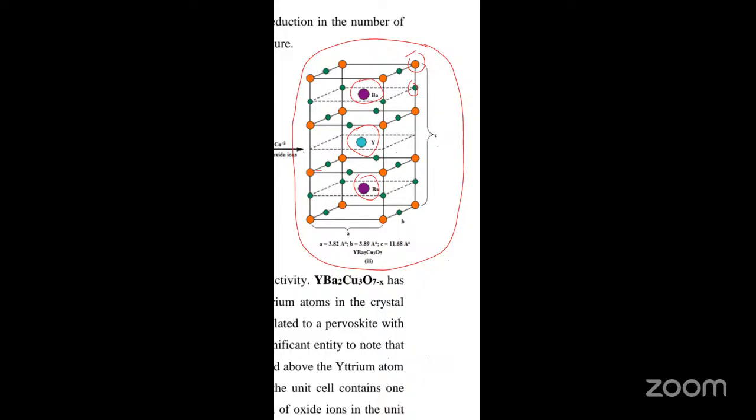Observe that on this face oxygen should be vacant, here oxygen should be vacant, and downside also. There is a vacancy of oxygens. Here oxygen will be vacant, here, here, here. All 8 oxygens should be removed from YBa2Cu3O9, giving YBa2Cu3O7 minus x. Whenever copper is reduced, the oxygens at the top, bottom, and side of the middle crystal structure are removed.